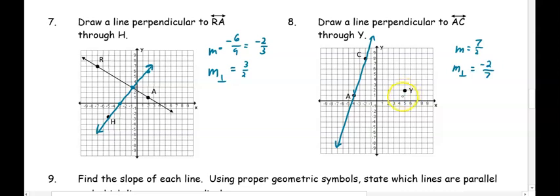Now, if I go down 2 over 7, I run off the graph, and my line is the other way. So instead of going down and to the right, I'm going to do the opposite. I'm going to go up 2 and left 7. I'm going to do that one more time, up 2, left 7, and then I can connect my lines, which would be perpendicular and form the right angle at their intersection.